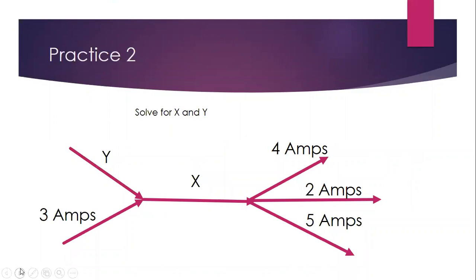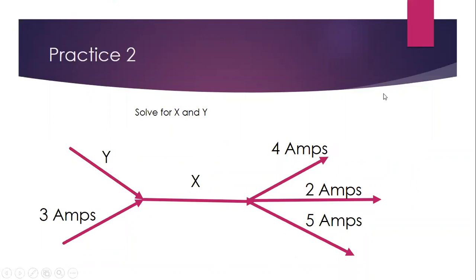All right, let's look at this one. Solve for X and Y. So same thing again. Going into this first junction is 3 amps and Y amps. These two things must add together to give you X, which travels through this wire. Then this junction splits into 3 parts: 4, 2, and 5.